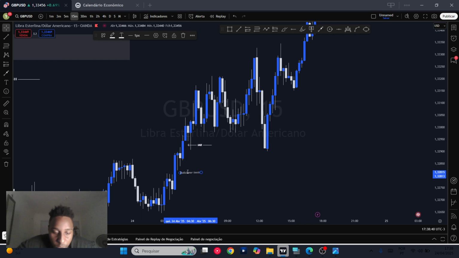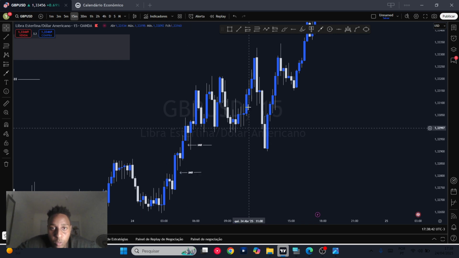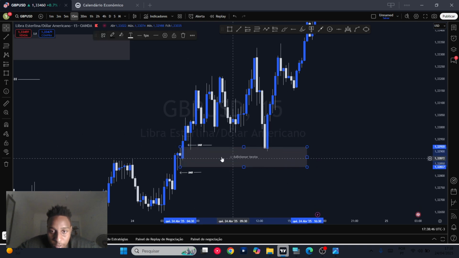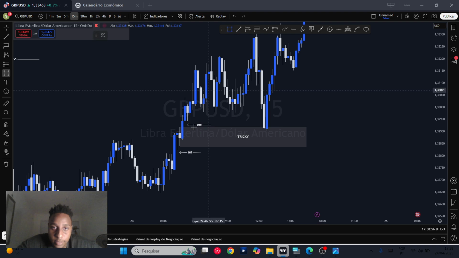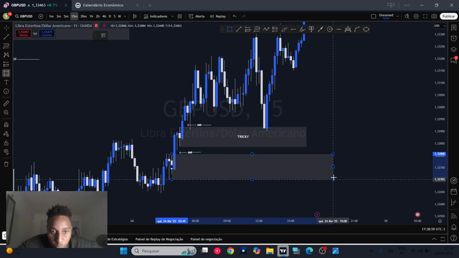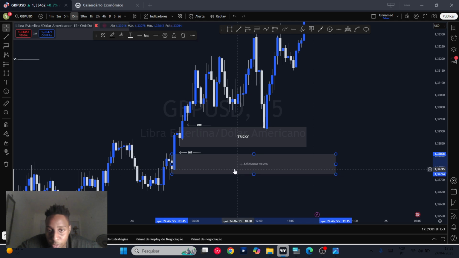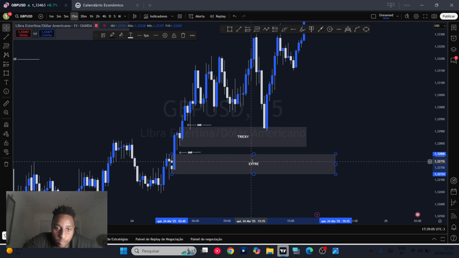So we will call this first zone right here a tricky zone, because here we must wait for confirmation, right? I told you guys this last lesson. The second zone, we will call it extreme. We don't need confirmation. If price gets to the extreme zone, I'm buying. Extreme.